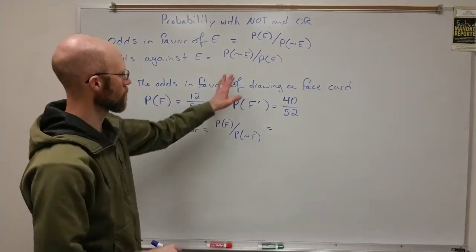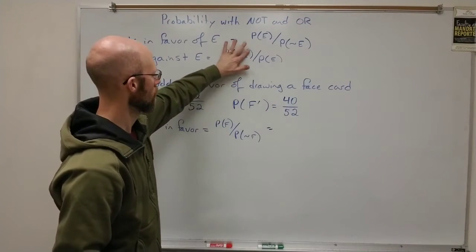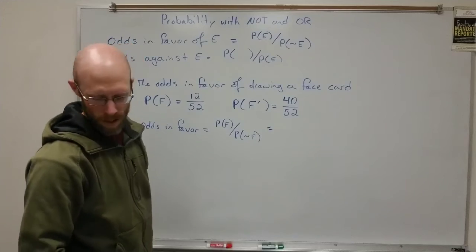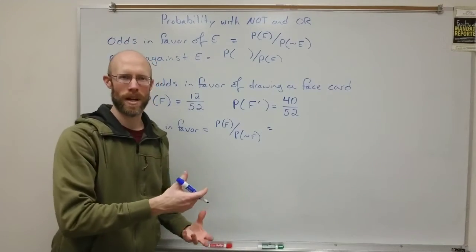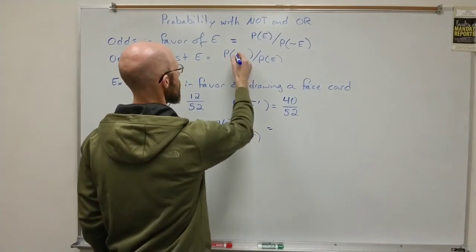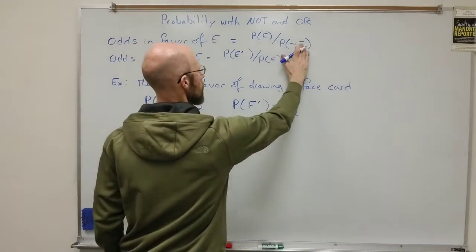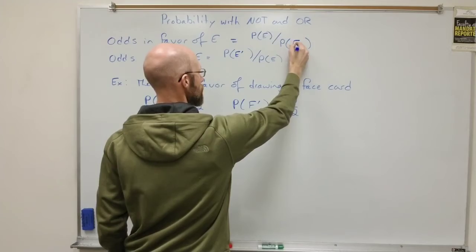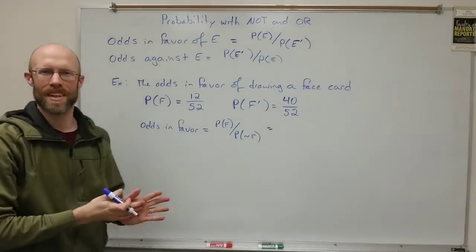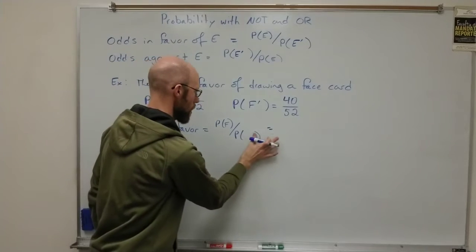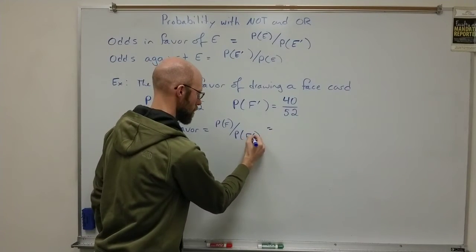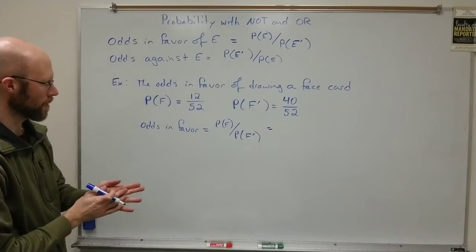I really should have been doing that from the beginning, but I was trying to be consistent with the book, using the word not and shorthanding it, but that's really being sloppy. So I want F complement. That's a little bit better. I like that.